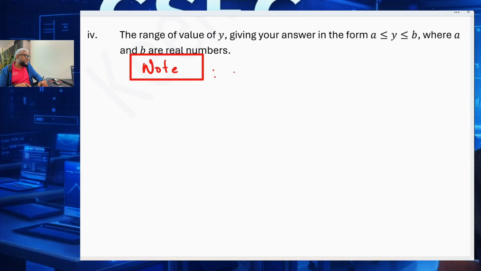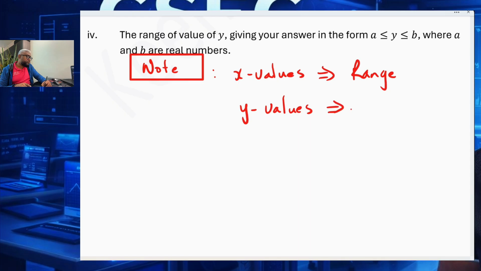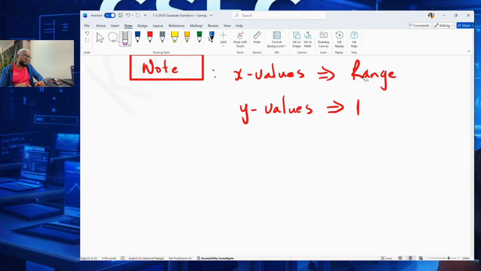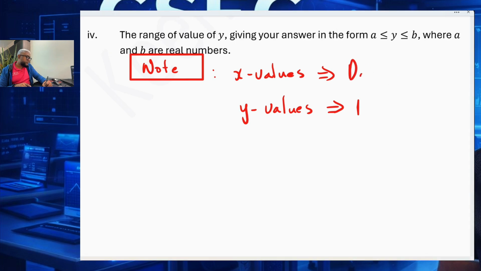So my x values would be my domain, and my y values would be my range. I wrote it wrong. Domain is x values, right?